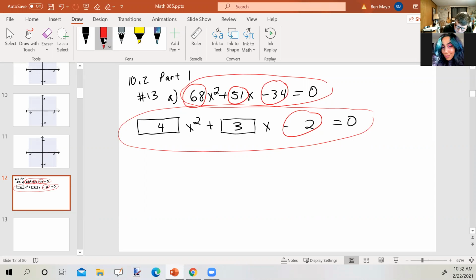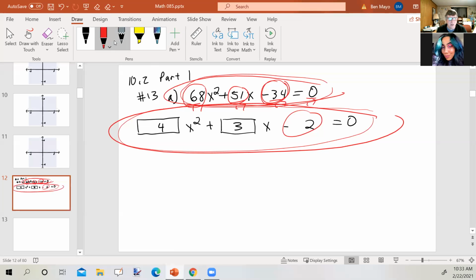And 17 goes into minus 34 minus 2 times. So if we took this original equation and divided each term by 17, we would get this. So that first box should be the number 4. The second box should be the number 3. Any questions about that before I go on to part B?